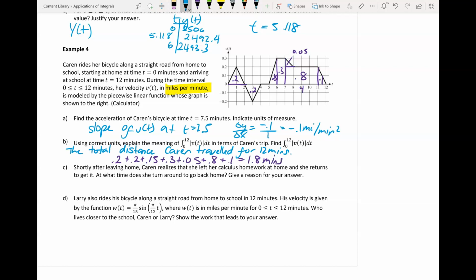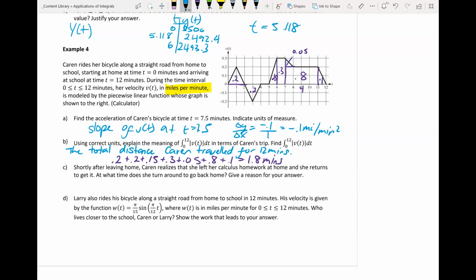For C, we wanted to know when Karen leaves her textbook at home and then returns to get it. So this would be whenever our velocity is 0, because she would need to stop and change directions.